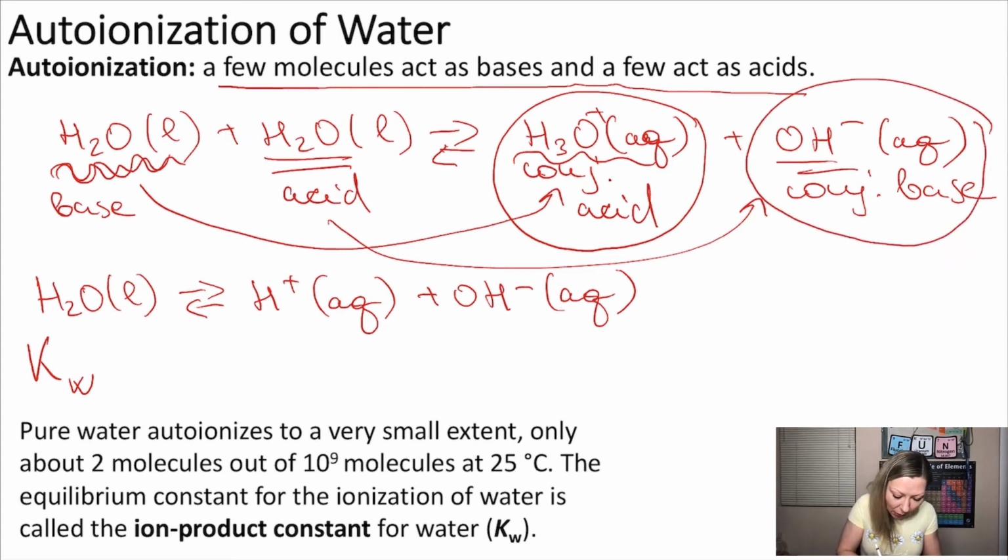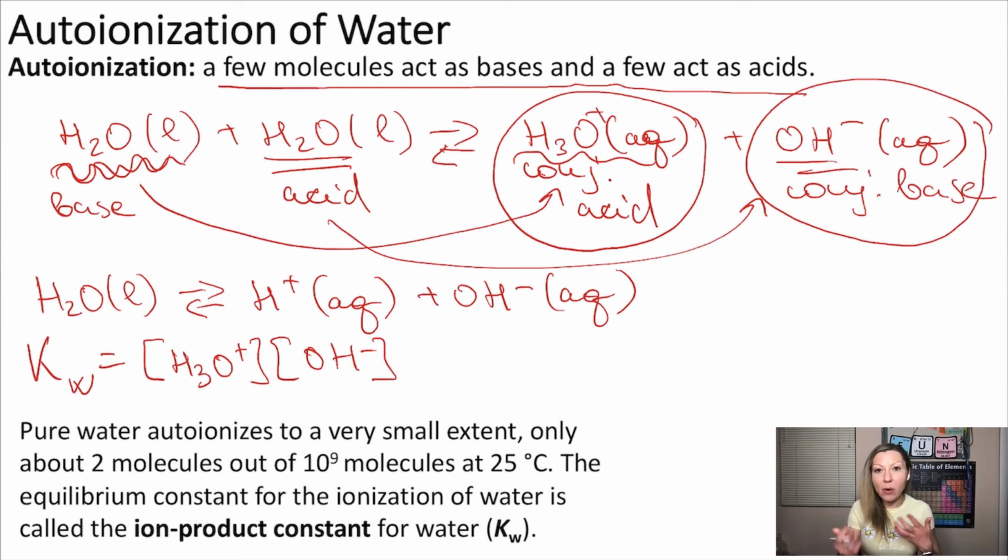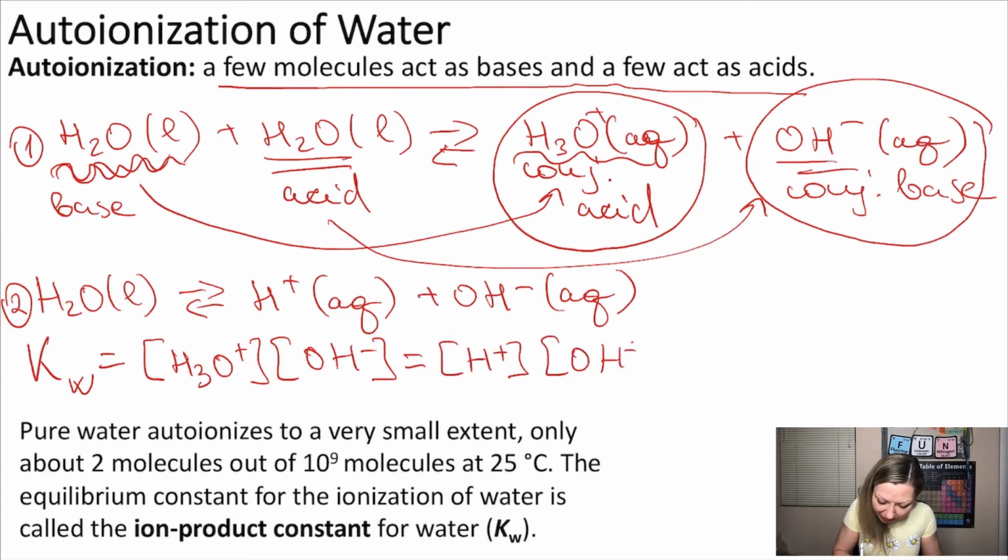So Kw, the equilibrium constant, is going to equal the H3O+ concentration multiplied by the OH- concentration. Because this first reaction can also be represented with only one water molecule on the bottom, this will also equal the H+ concentration multiplied by the hydroxide ion, or OH-, concentration.